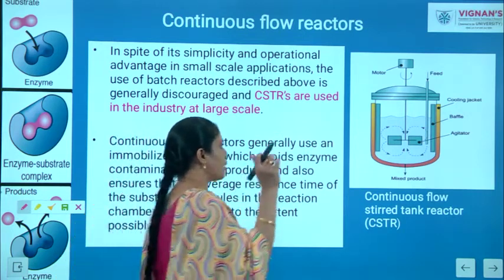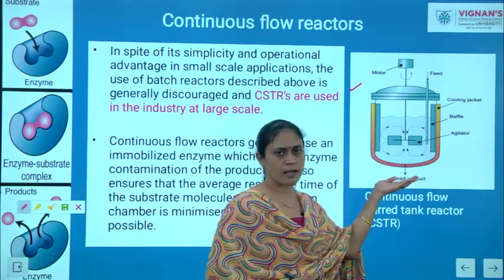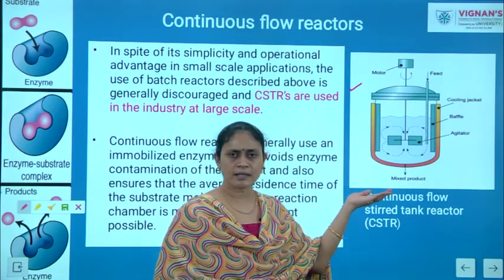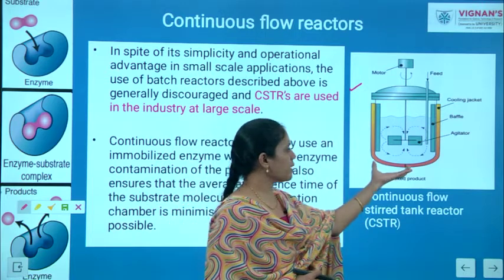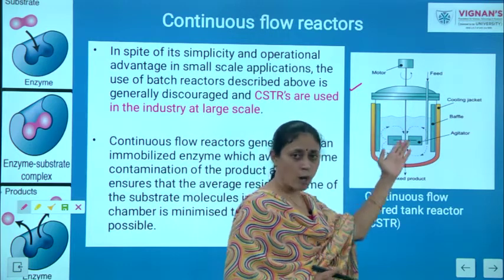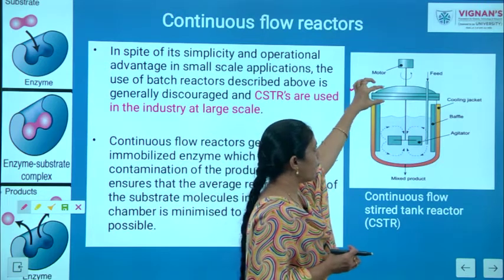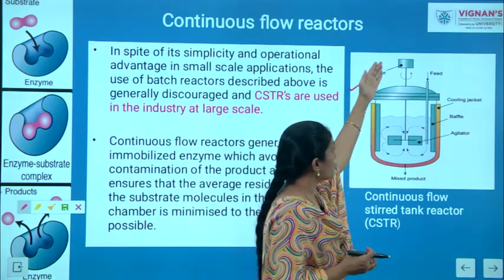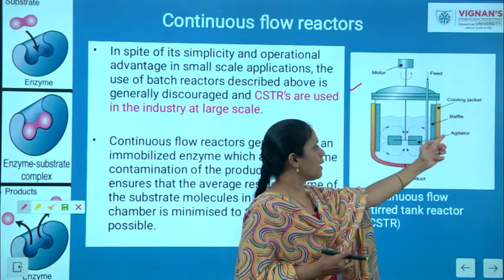If you observe the figure, you can see very clearly that it is nothing but a vessel. As I told you, the reactor is nothing but a vessel, or a series of vessels. This vessel has space to accommodate the substrate as well as the enzyme, and it has a tight lid and a provision for a motor and an agitator.